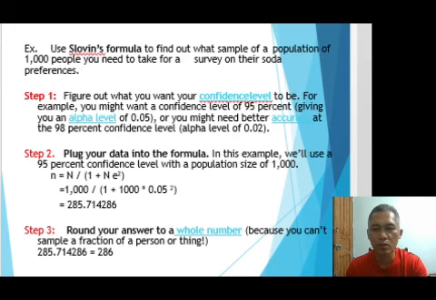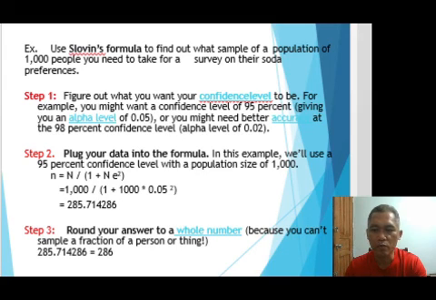For step 2, plugging the known data into the formula, Slovin's formula, we will have n is equal to 1,000 divided by quantity 1 plus 1,000 times 0.05 squared. Why 0.05? The researcher is considering a 95% confidence level.